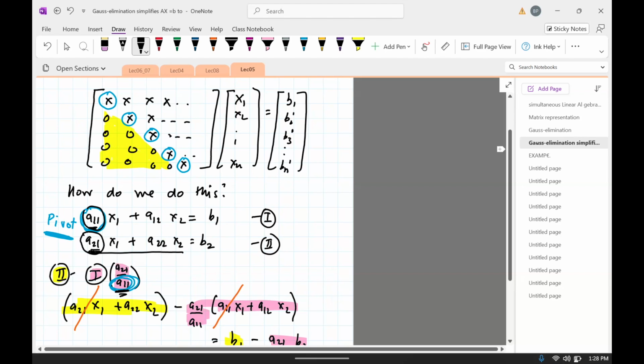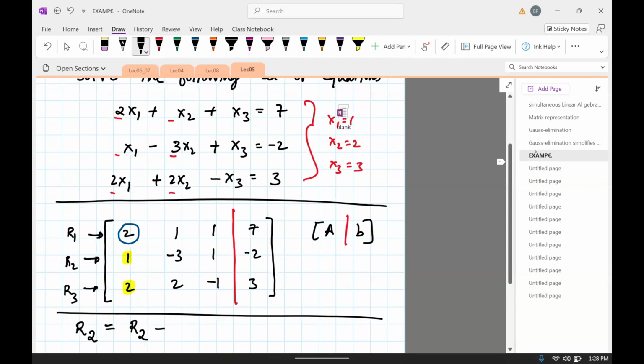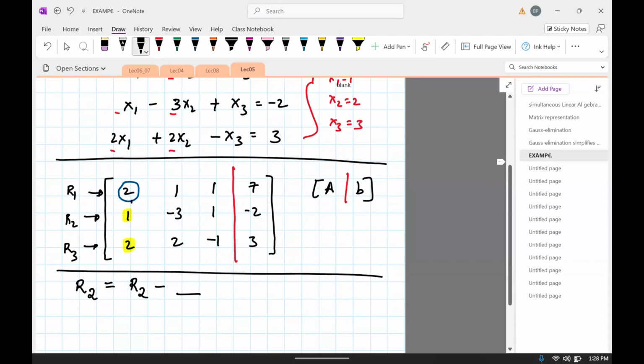So that A11, the pivot, is always divided, and you multiply it with A21. So here, the pivot is 2, so I write it here. And then this thing 1 sits here. And then I just do row 3. Sorry, my bad. Row 1. What is subtracted is always row 1, because the pivot is sitting in row 1.